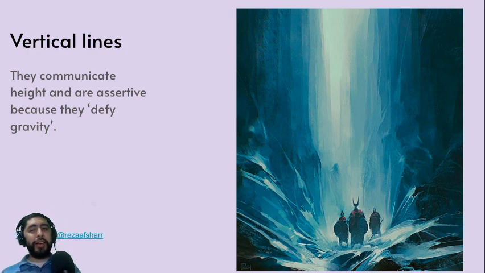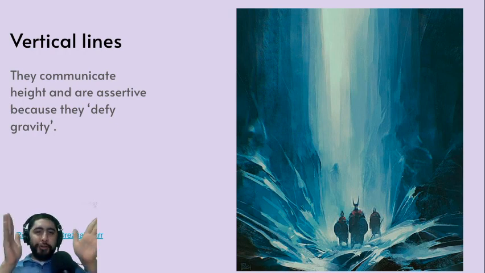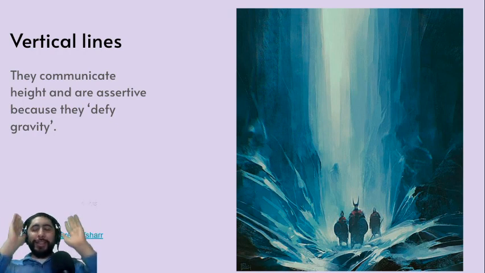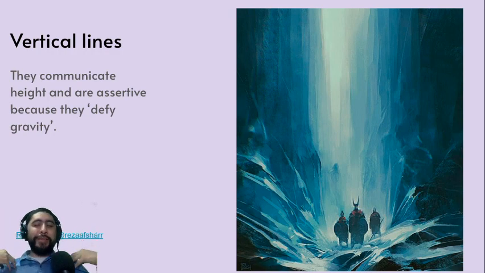Whereas vertical lines, this defies gravity, which is a cheesy way to say it, but cheesy's good. And yeah, they communicate height and structure and tallness and assertiveness. Think about you standing as opposed to laying down, and how those differ.